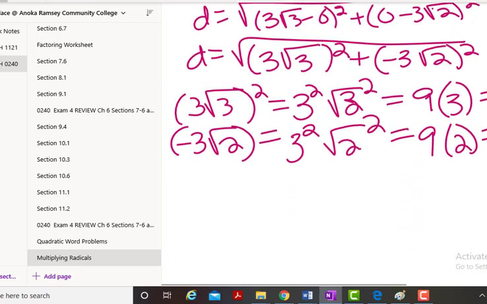So let's go ahead and substitute that into our distance formula.